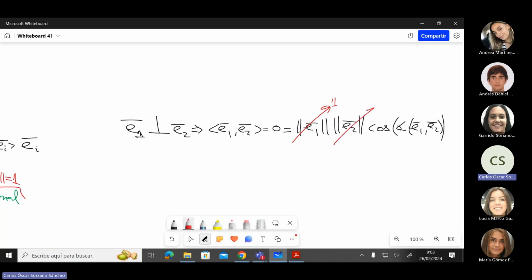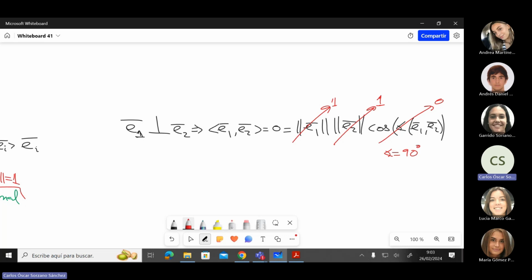This is 1, this is 1, and then this one has to be 0. And then the cosine of an angle is 0, so that means that the angle is 90 degrees. That is why E1 and E2 form an angle of 90 degrees.